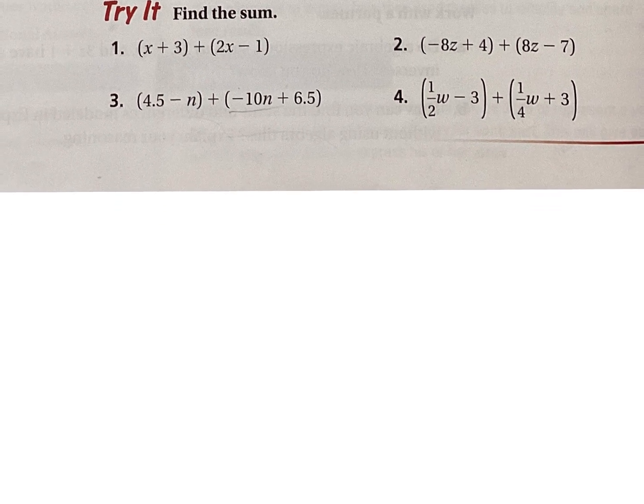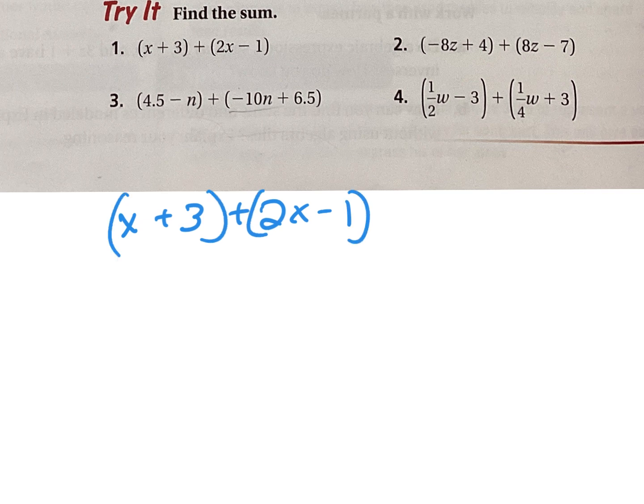So number 1, x plus 3 plus 2x minus 1, and those are in parentheses. And I see that they don't have any like terms within the parentheses, so you can't put them together. So I don't really need the parentheses, and I'm going to put my two like terms together. I have an x and a positive 2x, so that's 3x.